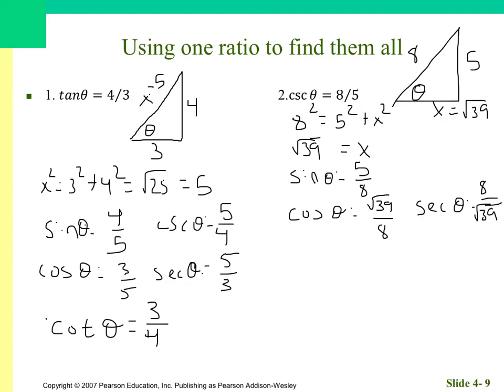I'm not going to worry about making you guys simplify those right now, but remind me to bring that up in class, because that's technically not correct. Tangent, opposite over adjacent, cotangent, adjacent over opposite. Okay? So there's all the other ones.